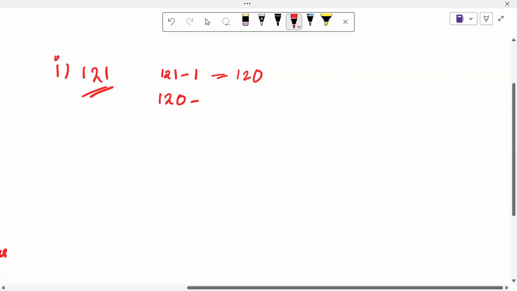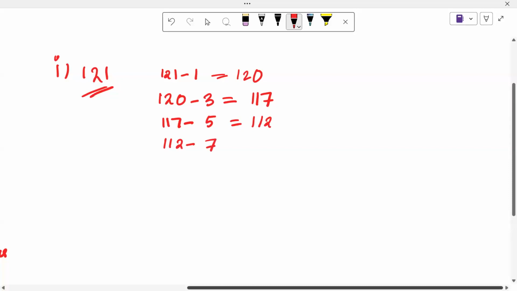120 minus 3. Very good. What will you get? 117. Very good. Then 117 minus 5. Keep on telling. 112. Then 112 minus 7.